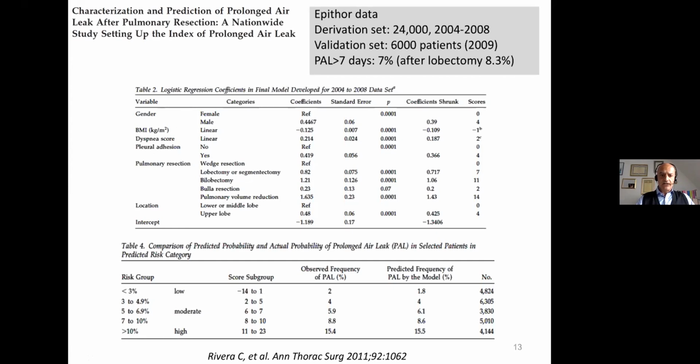And they devised basically a risk score based on the value of the coefficient in the regression, a proportional risk score, and divided the patients into risk groups. And you see how well the risk score stratifies the prediction of the occurrence of air leak.